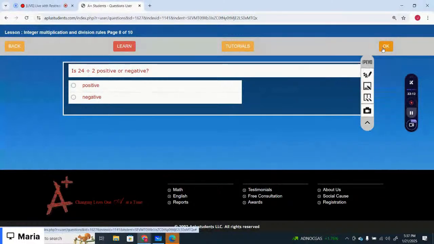24 divided by 2, positive or negative? Positive, it is option number 1 is the correct option.